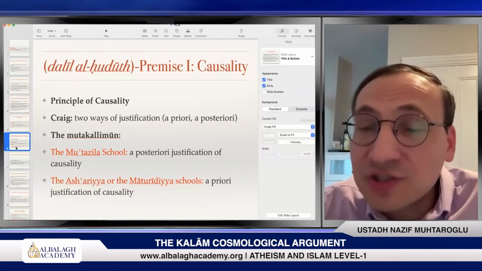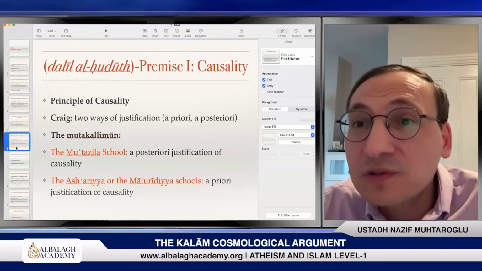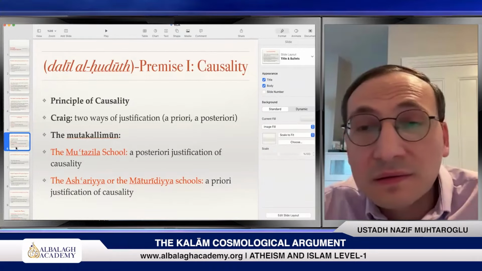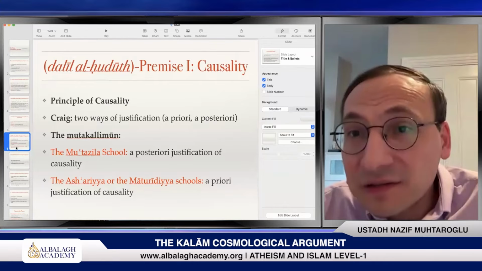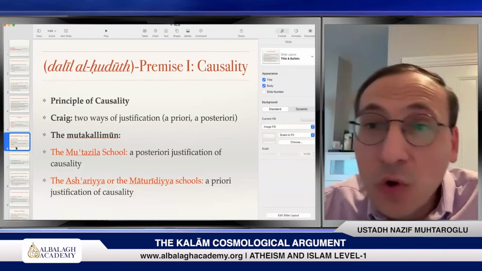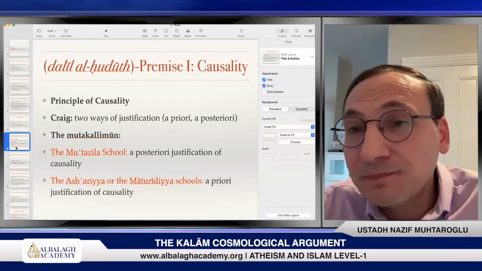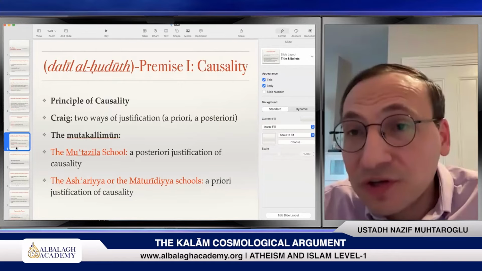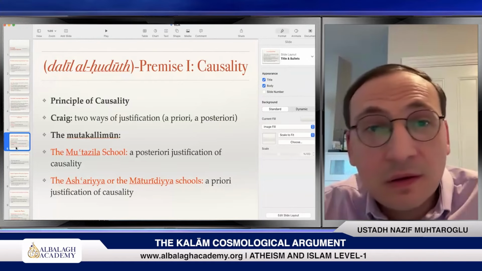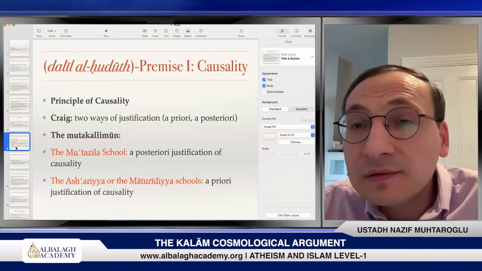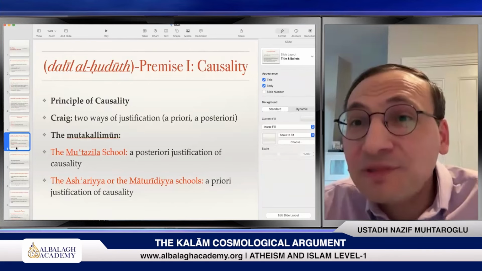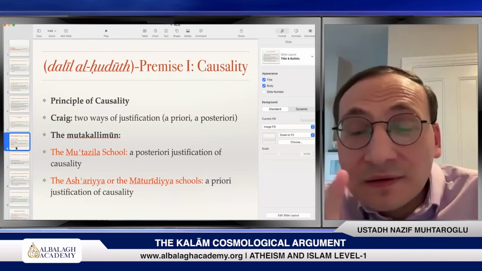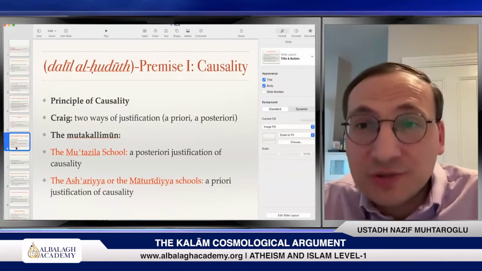They think there are correlations between events and certain states of beings, but there is no evidence to show that there is a causal relation between them. Either you appeal to observation or reason, you cannot close the gap between correlation and causation. But this is what the Ash'arites and Maturidists usually think.